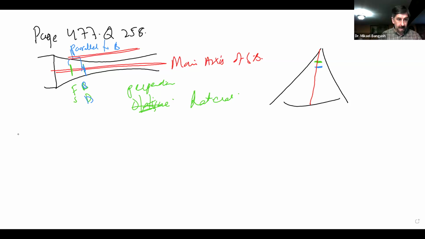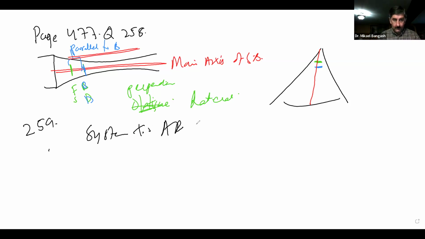Question 249. Now you are purchasing a diagnostic ultrasound system. System X has an axial resolution of 0.7 millimeters, whereas system D is 0.4 millimeters.